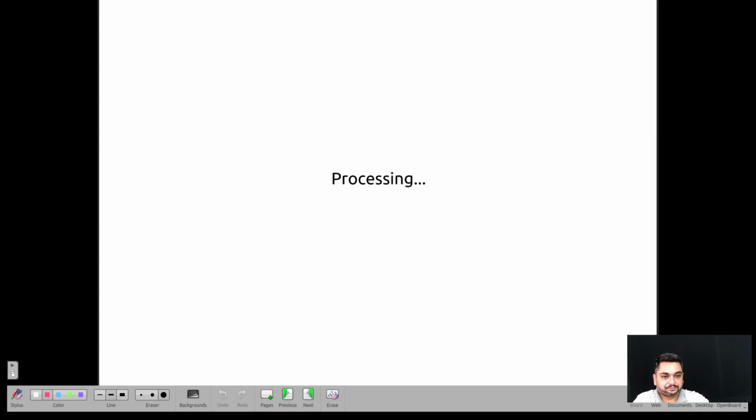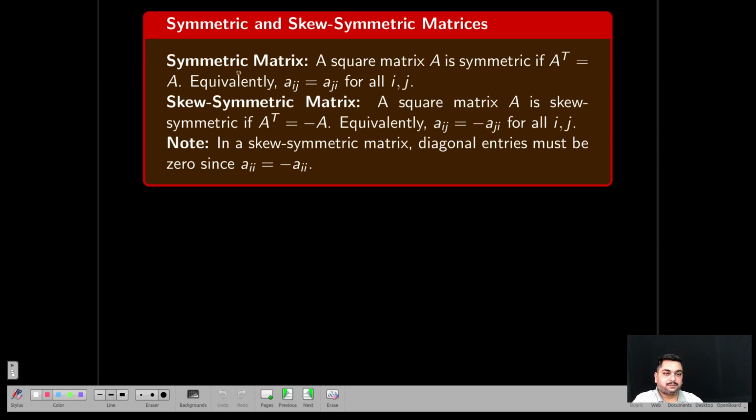Okay. Let us see what is symmetric and skew symmetric. Very simple concept. A square matrix A is symmetric if A transpose equals A. If I take the transpose of matrix A, then A equals A transpose. It means A of ij will be equal to A of ji, so it will have the mirror image on the other side of the diagonal.